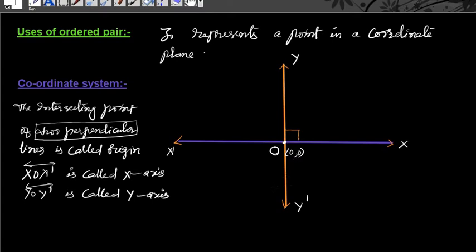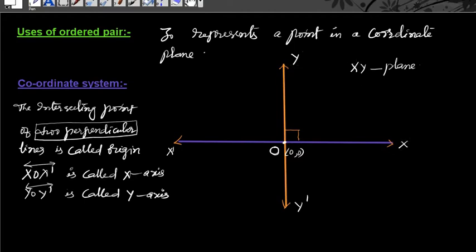Now we are going to discuss the point on the x-axis, the point on the y-axis, and the point in the xy plane. Finally, this plane is simply called the xy plane. We have taken one x-axis and another y-axis.